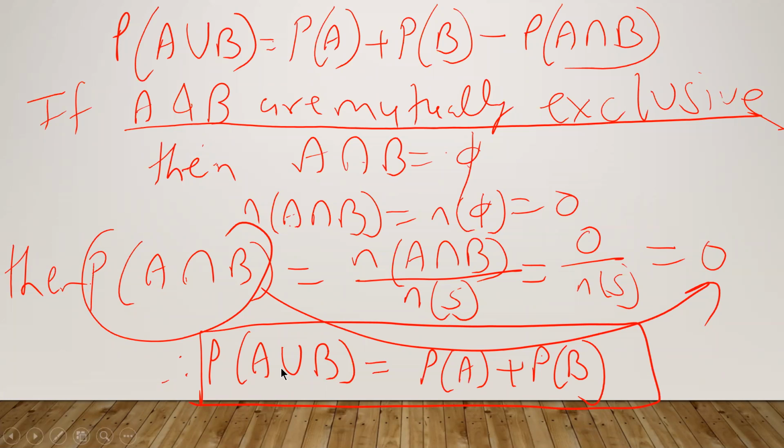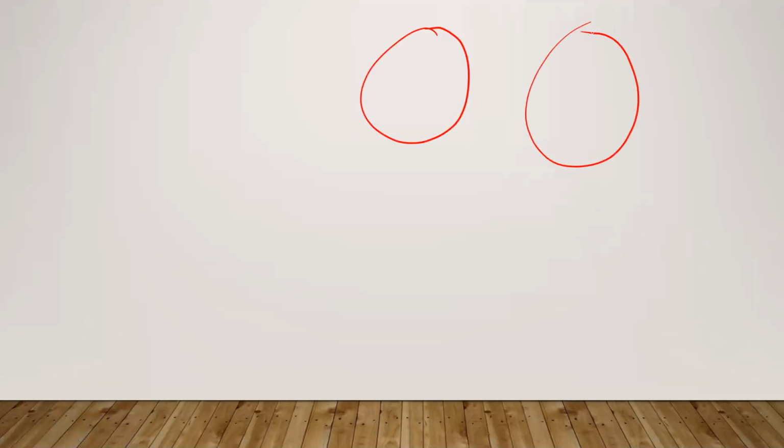That is why it is called an addition theorem. The probability of A union B is the probability of A plus the probability of B if A and B are mutually exclusive.